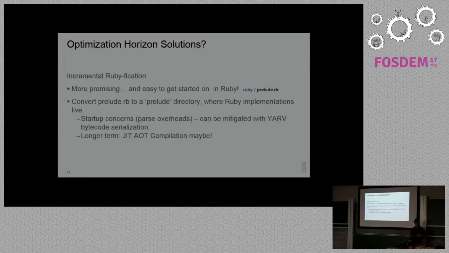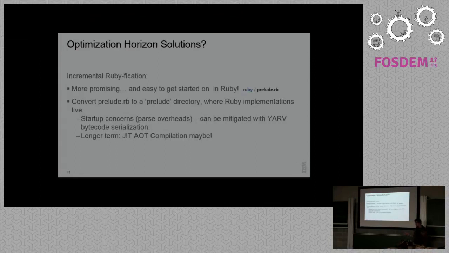So what we could do is take prelude.rb today and convert it to being a directory, just so that it's easy to reason about, and then put implementations in Ruby of methods that are actually interesting and causing problems for us, that we use maybe only when the JIT's turned on, maybe only from the perspective of the JIT.